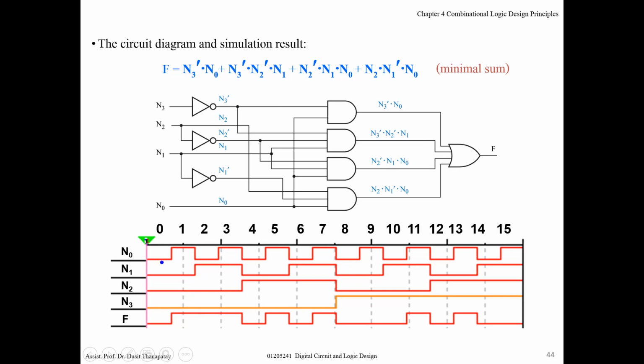There are 2 levels, right? Low and high. Low is 0, high is 1. This is called a timing diagram. In this case, I just apply all possible input values, namely from 0, 0, 0, 0, 0, 0, 0, 1, 0, 0, 1, 0 until 1, 1, 1, 1.